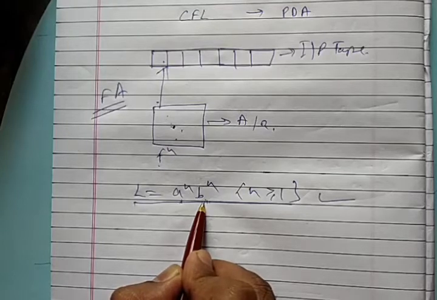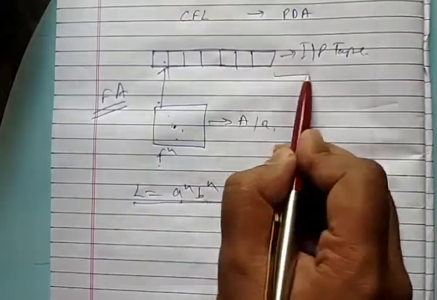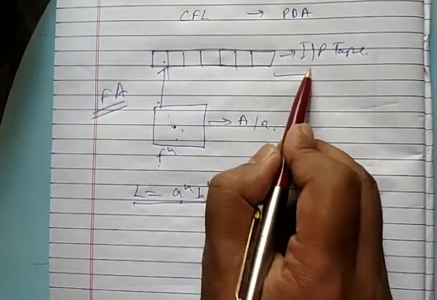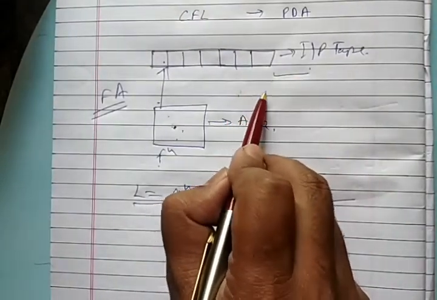But in finite automata, as you can see here, apart from the input tape, we do not have any kind of memory for processing it. So that was the drawback of finite automata. And hence, we are not able to process that simple language, equal number of A's and equal number of B's, where A will be followed by B.